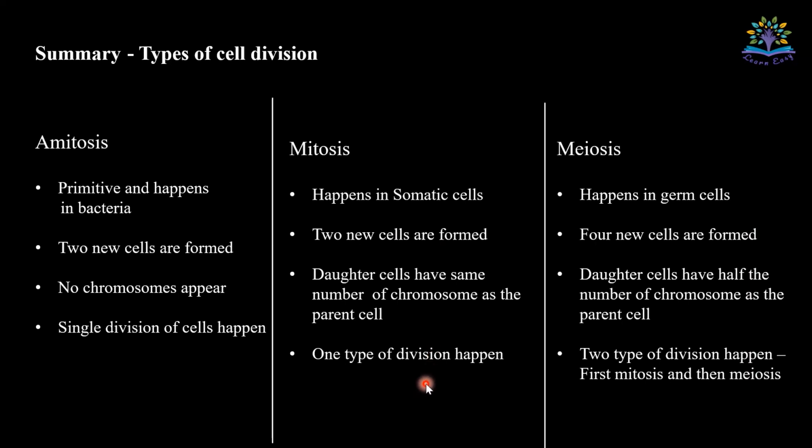Here, only one type of division happens. Meiosis happens in germ cells. 4 new cells are formed having only half the number of chromosomes as that of the parent cell. Here 2 types of cell division happen, first mitosis and then meiosis.